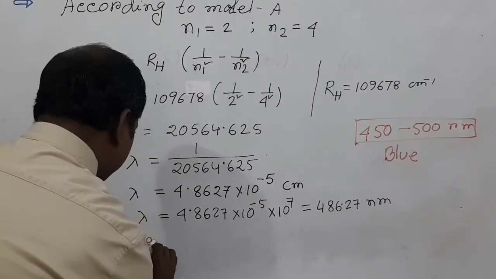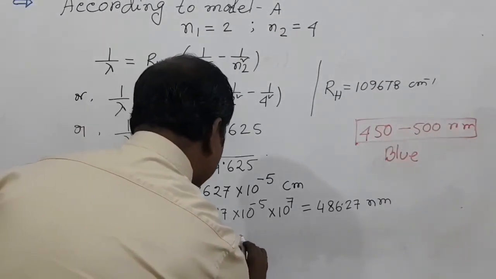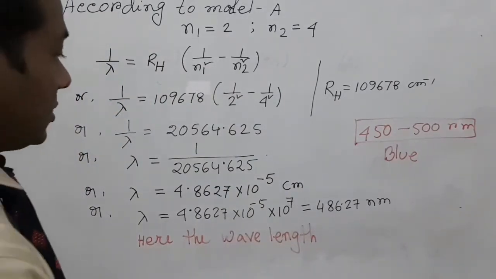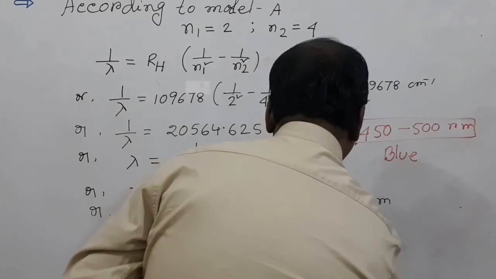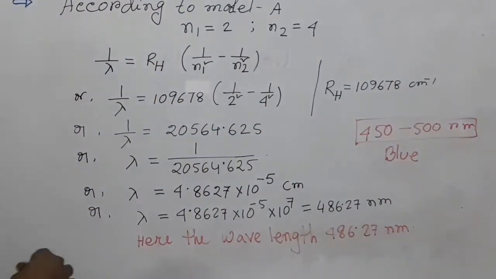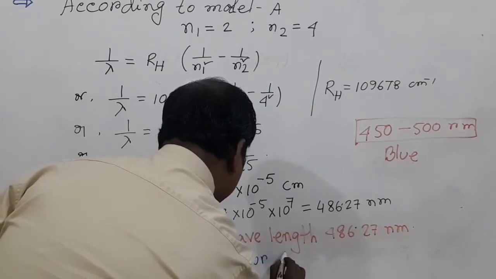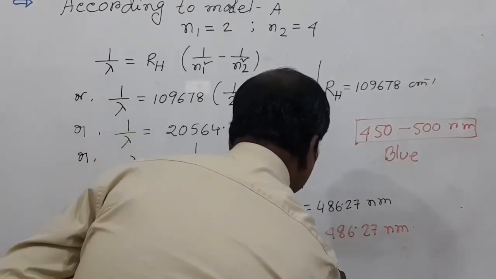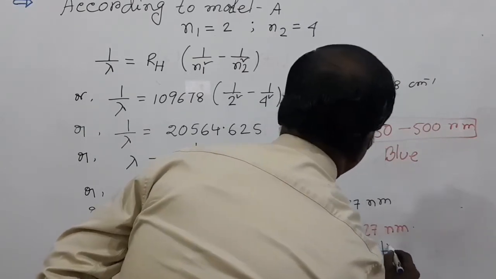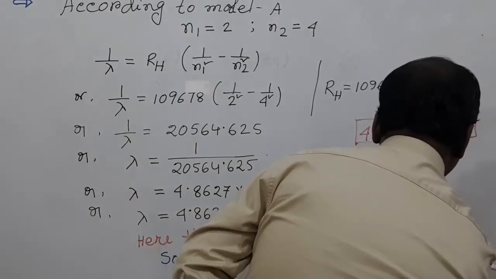Here the wavelength is 486.27 nanometer, so the color for the transition is blue.